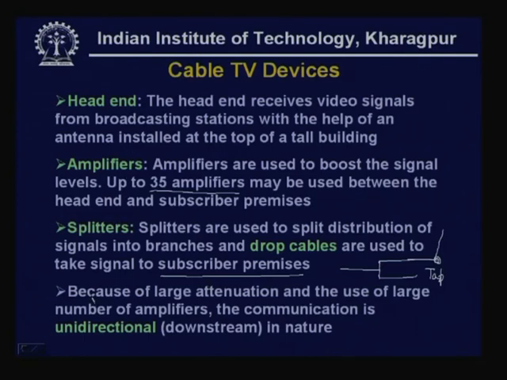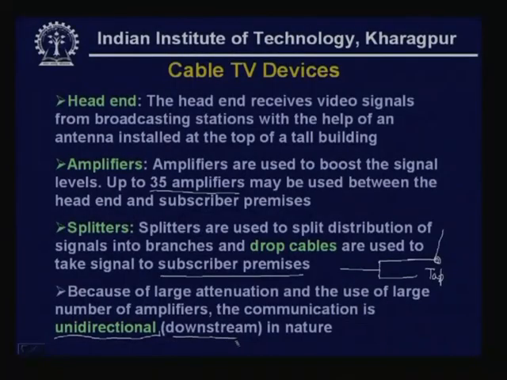And as I mentioned, because of large attenuation, you will require a large number of amplifiers, and this restricts the communication to be unidirectional. That means only the downstream signal goes from the head end to the residential premises. So, the signal transmission in the standard cable TV system is unidirectional.